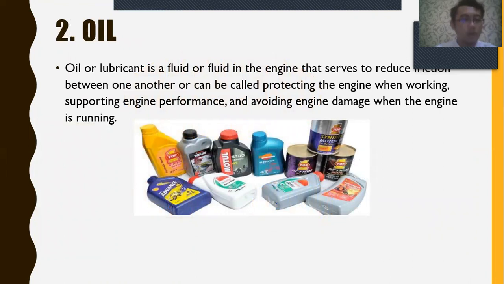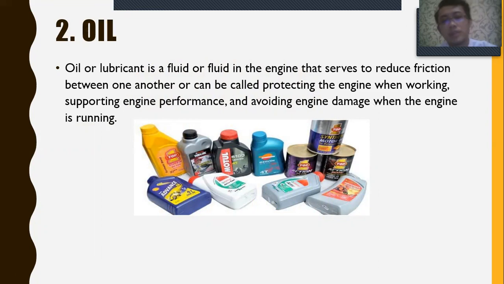Next slide is oil. Oil or lubricant is a fluid in the engine that serves to reduce friction between parts, or can be called protecting the engine when working, supporting engine performance and avoiding engine damage when the engine is running.